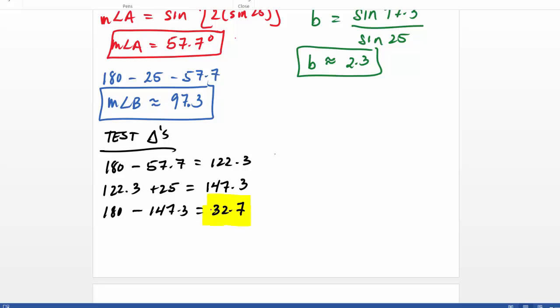Now, this is the value that we're looking at. If this value is a positive value, which it is, that tells us that there's two possible triangles. And so we need to go and look for the value of that second possible triangle, and so that's one of the values for the missing parts of that second possible triangle. So that's what I'm going to do next.